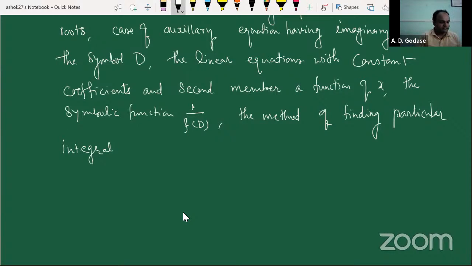After that, you will see short methods of finding particular integrals.